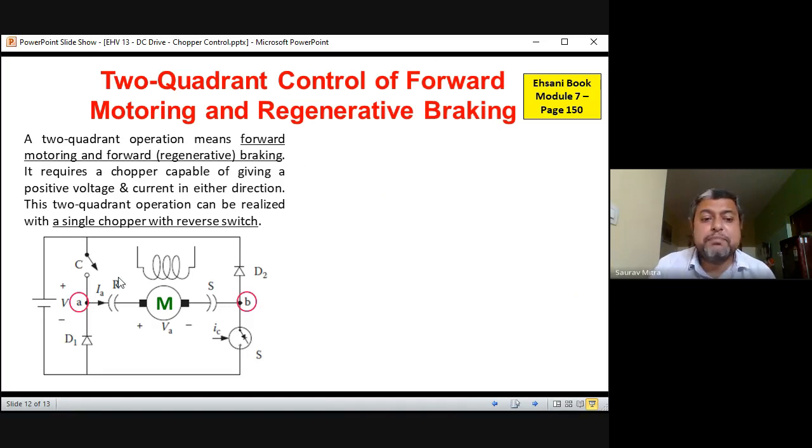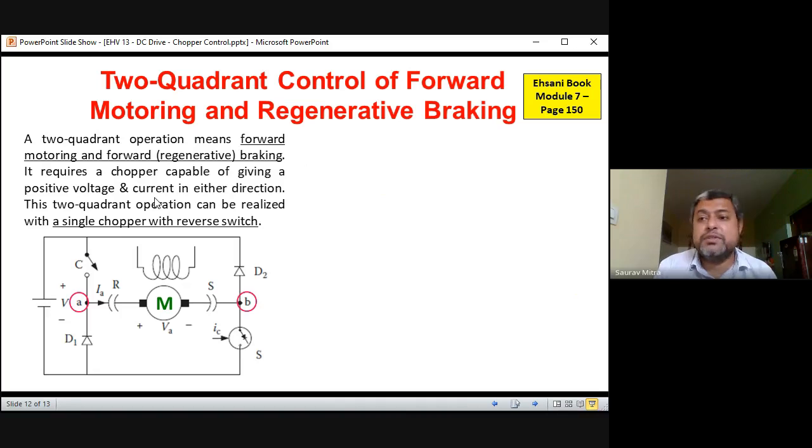Here the motor is M, and two-quadrant operation means forward motoring and forward braking, that is first and second quadrant. It requires a chopper capable of giving a positive voltage and current in either direction. So the motor might rotate in the positive or negative direction, and torque can be generated in the positive or negative direction; both are required. This two-quadrant operation can be realized with a single chopper and reverse switch.